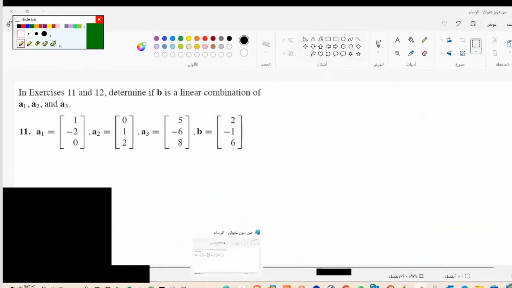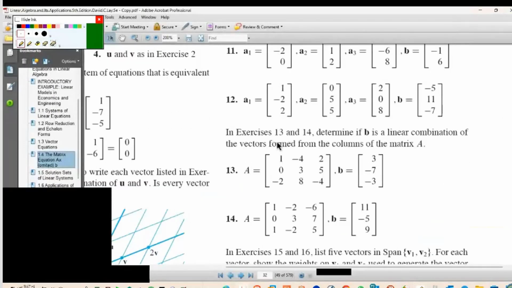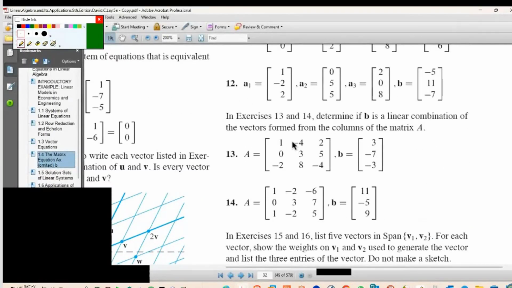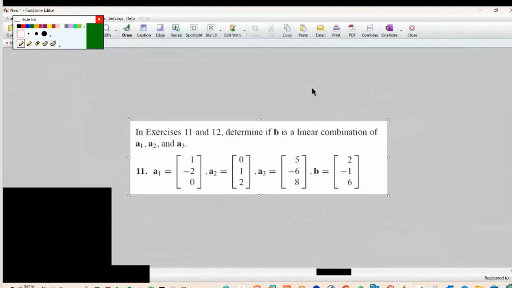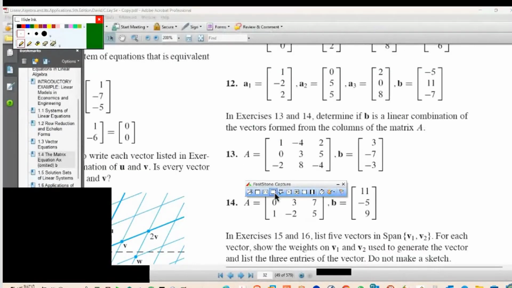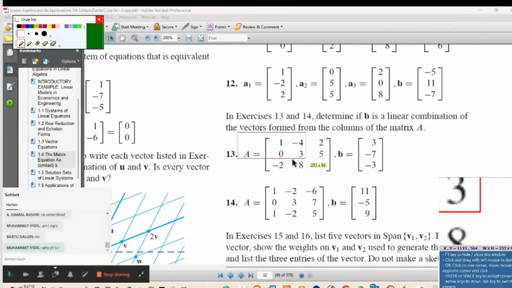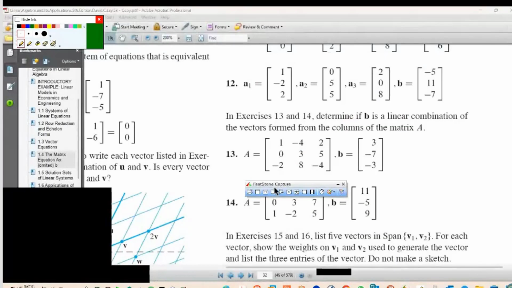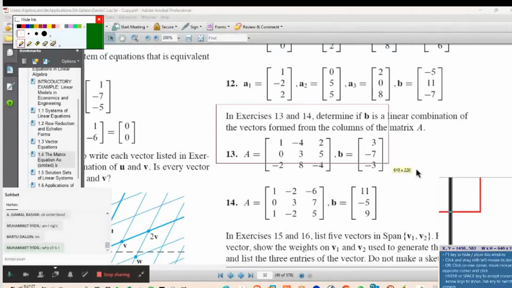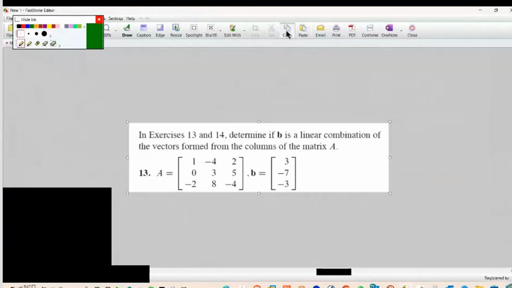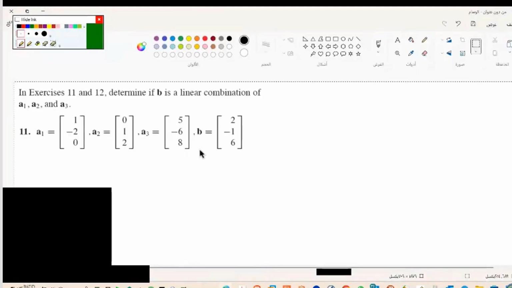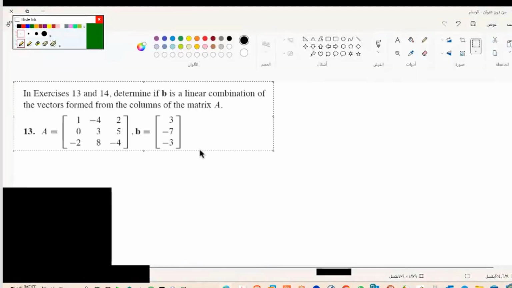Now let's go to your book. In exercise 13, 14, determine if b is a linear combination. Same question here, but here I'm using the matrix form. Same question.